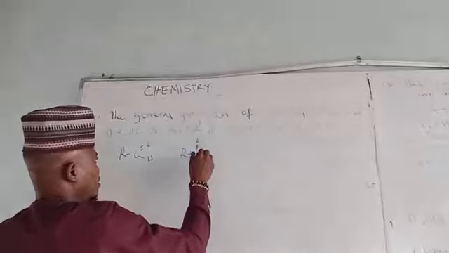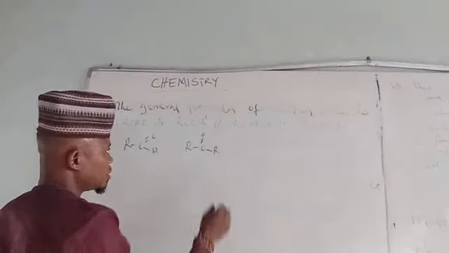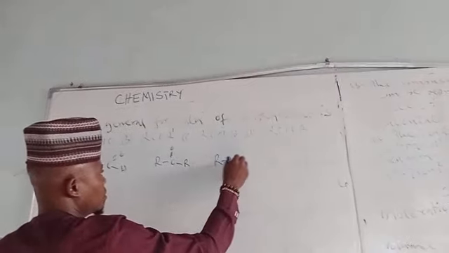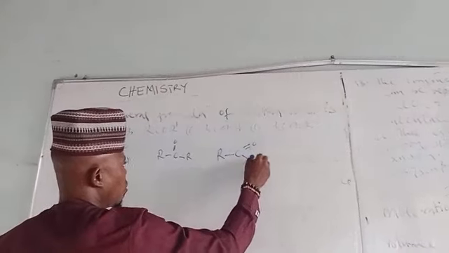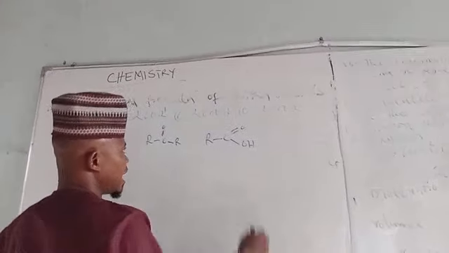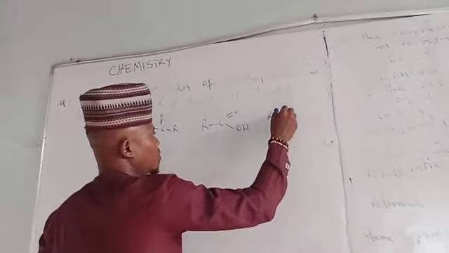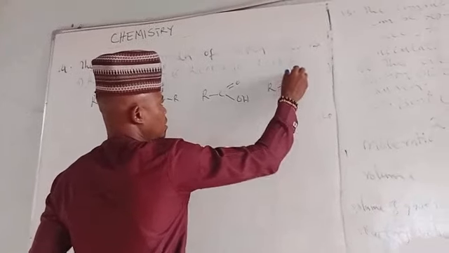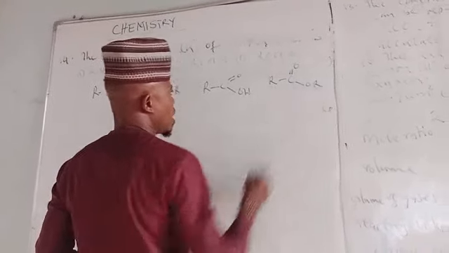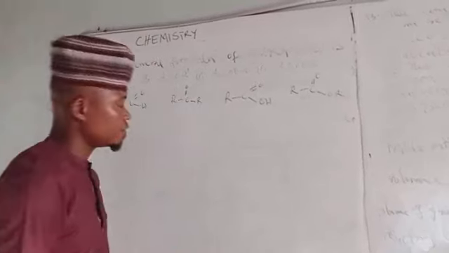RCOH. RCOR. This is for what? This is for alkanones. RCOOH. This is for alkanoic acids. RCOOR. This is for alkanoates, for esters.